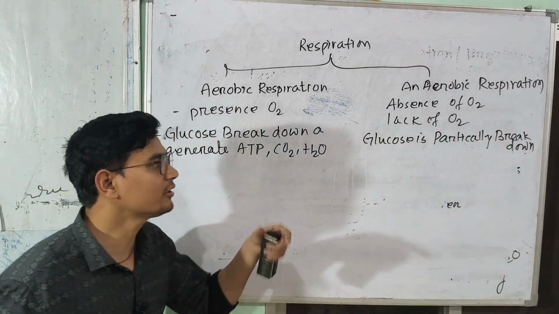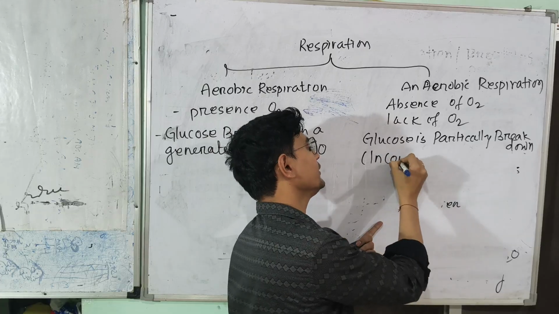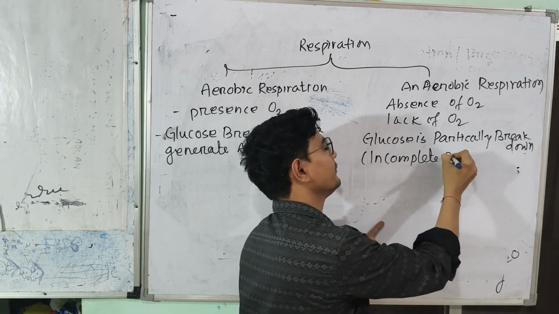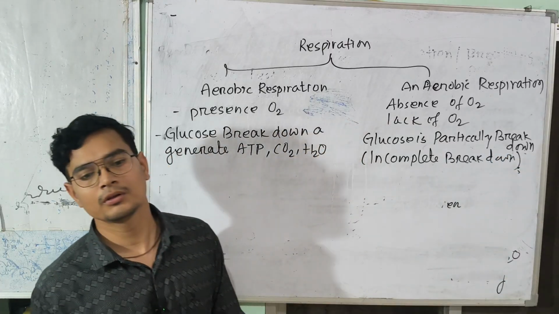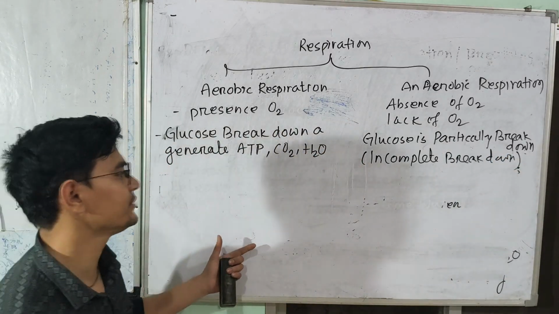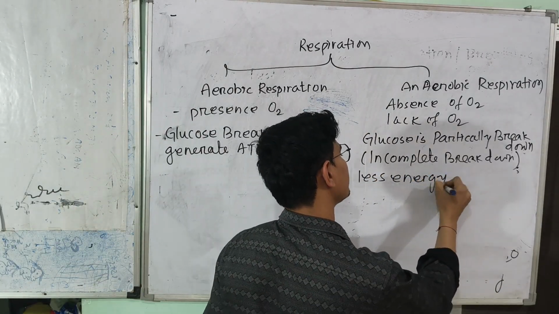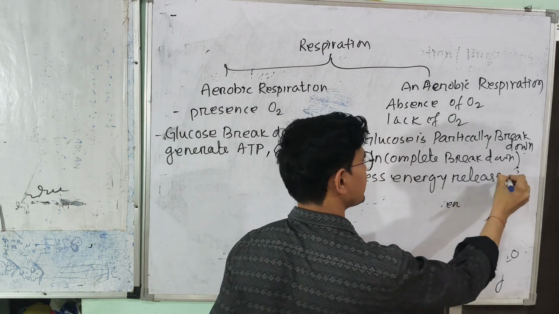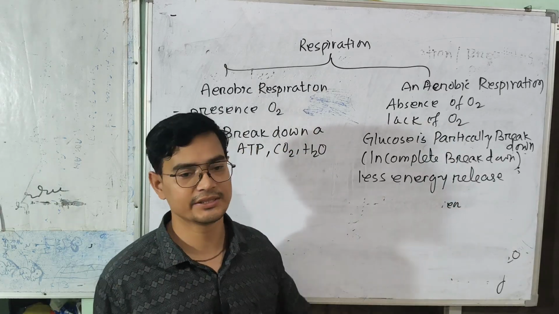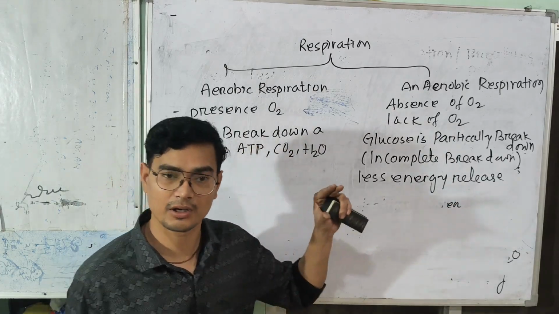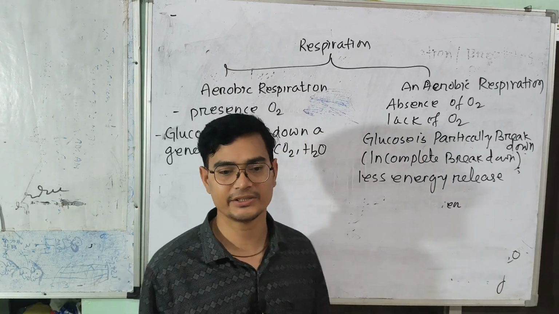Partially means an incomplete breakdown of glucose, so less energy is produced and released. Incomplete breakdown means less breakdown, so only about half the energy is released.